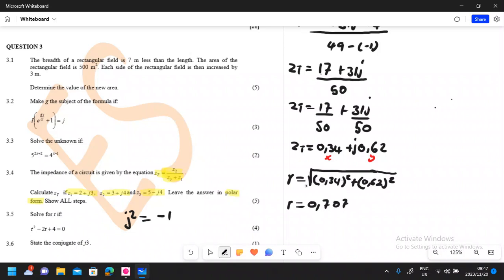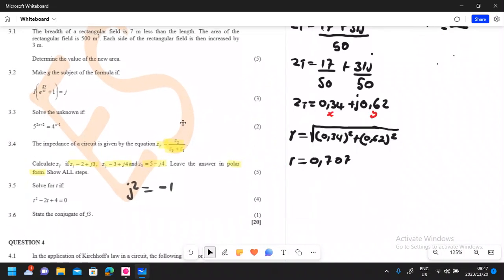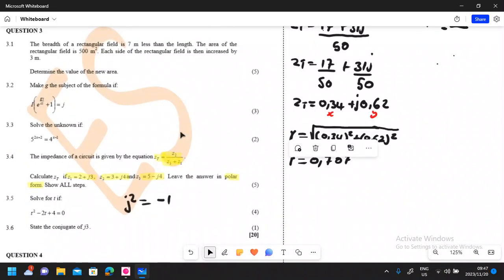Right. Now it's time for us to get the angle. Remember, the polar form notation is like this. It's going to be Z total, just in case you forgot, the real number, then the angle here, guys. So this is the modulus and this is the angle. All right, let's get the angle. Let me create more space here. Okay, let's continue.